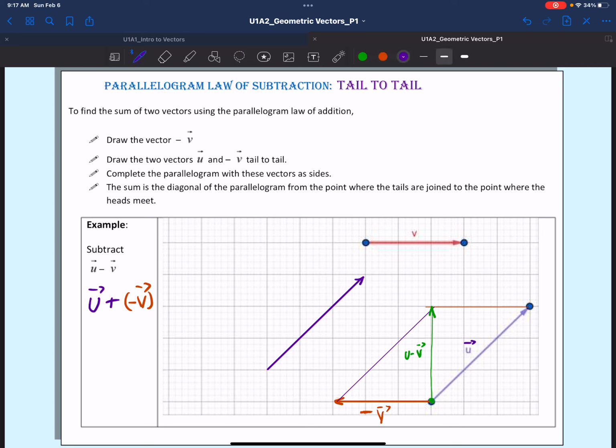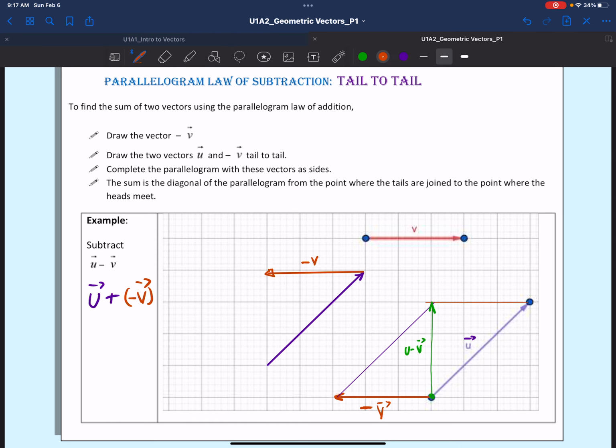And here is vector negative v, head to tail, right? So that's negative v. And the sum u plus negative v, or should we say the difference u minus v, will be this green vector here, which seems to be the same as the one that we got by using the parallelogram rule.